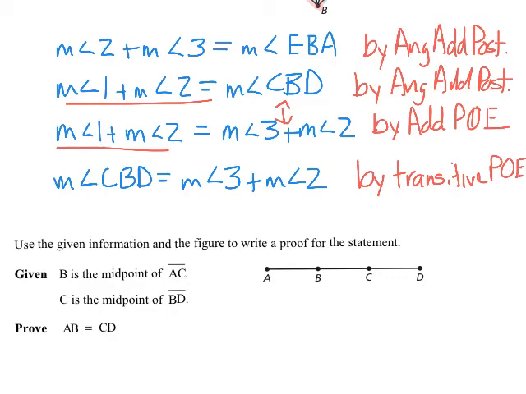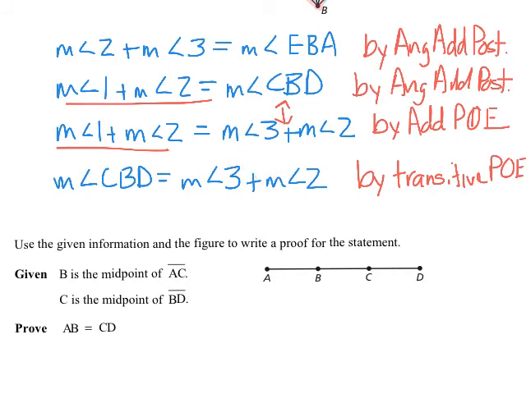And then now we know from substitution, or again the transitive property, since CBD is equal to 3 plus 2, or no, I guess this would purely be substitution, right? So we see up here that 2 plus 3 is equal to EBA. So here for 2 plus 3, I can plug in EBA.